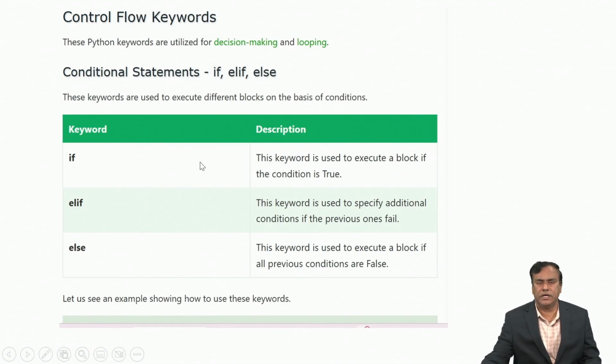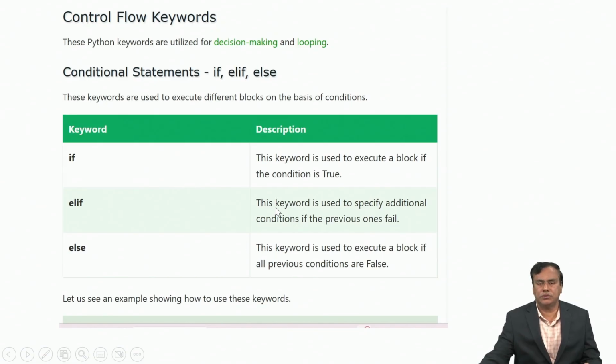What is the if keyword? It is used to execute a block of code if the condition is true. And elif is used to specify additional conditions if the previous one fails. If you have, say, nested if conditions, then if the previous condition fails, this condition will be tested.